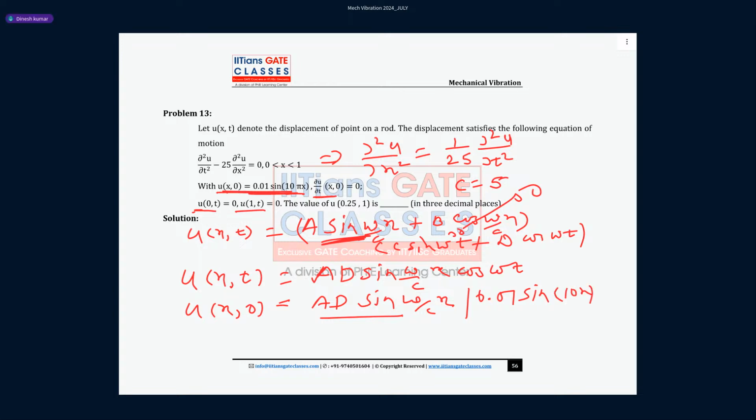So from here, your AD is 0.01 and your omega by C is 10. So omega will be 10C. So 10C means what? It is 50. Everybody, is it clear?